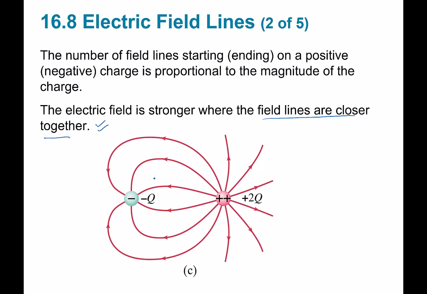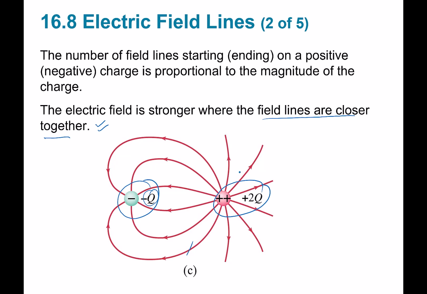So in this case, we have a minus q charge and a plus 2q charge. So plus 2q charge is double in magnitude of q. So if there are 1, 2, 3, 4, 5, 6 lines entering q, then 12 lines must emerge from your plus 2q, because it's double that of q.